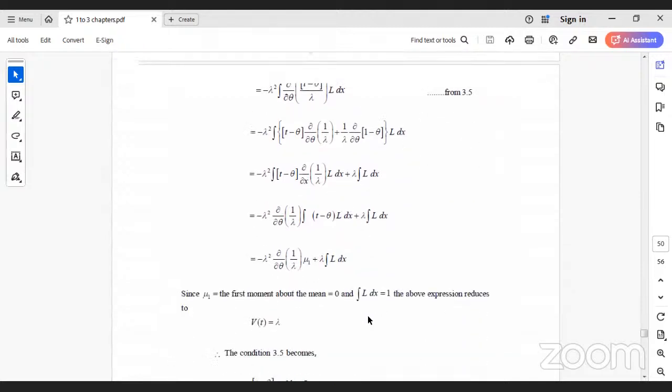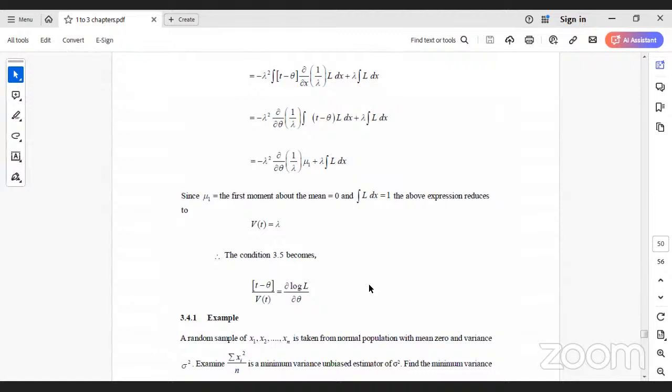All the integrations are simplified here. Since mu1 is the first moment about the mean and is 0, and integration of L dx is 1, the above expression reduces to V(T) equal to lambda.